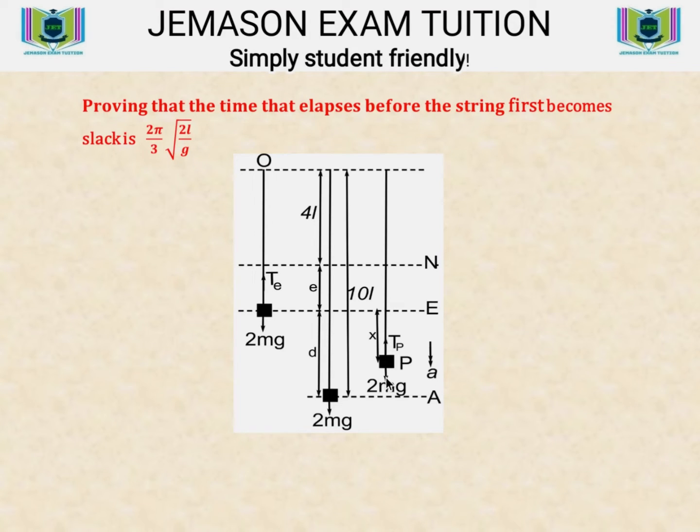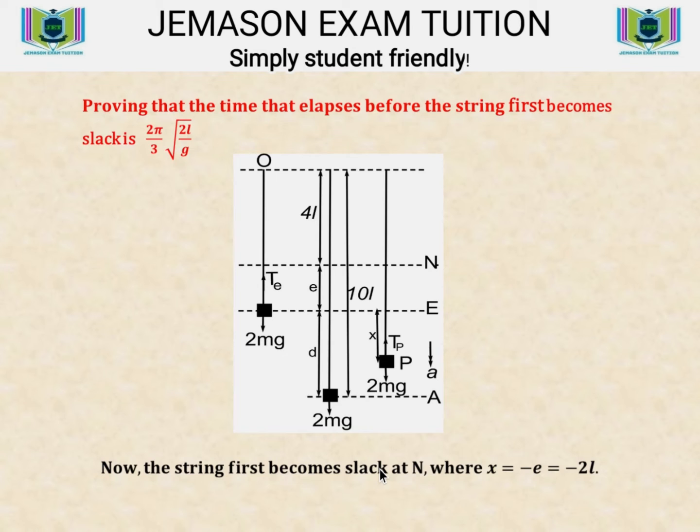It was first down, and at the level of n it is now up above the equilibrium position. So the displacement of the particle from the equilibrium position at the level of n is supposed to be negative e, being 2l, x would be negative 2l at the point n. So we have that the string first becomes slack at n, where x equals negative e, which is negative 2l.